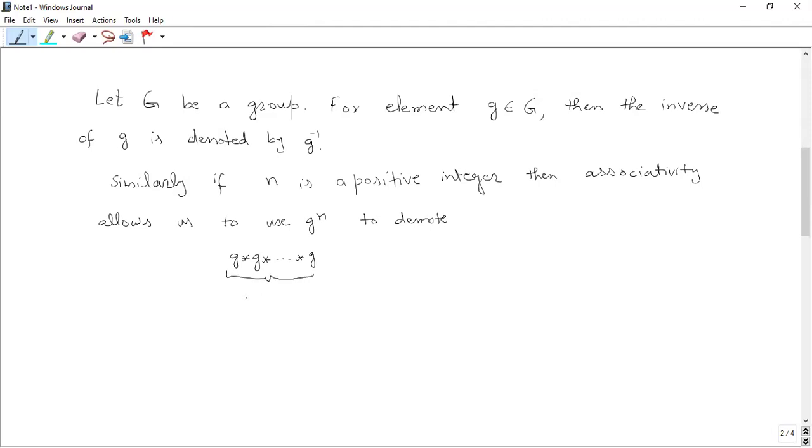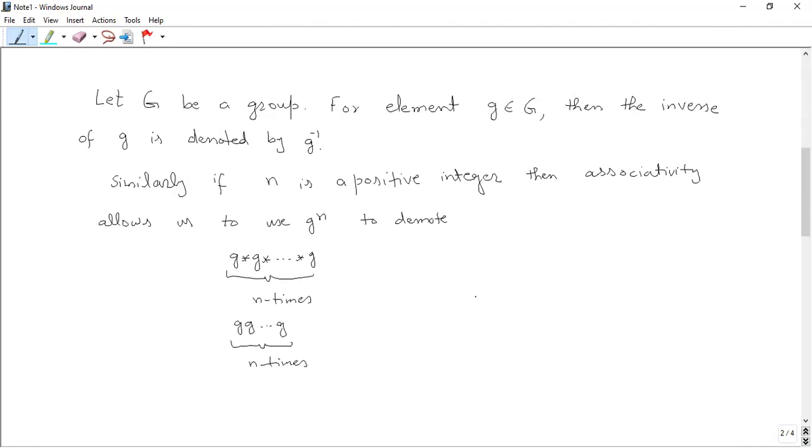Here the binary operation is star. And for our convenience, we can write it as g into g, n times, and we assume that there is a binary operation operating between these g's.